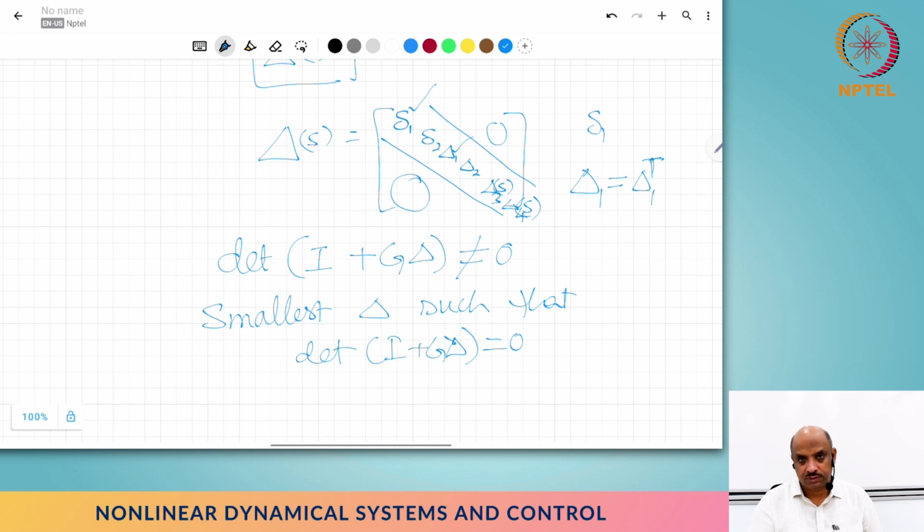Smallest in the sense of some kind of size on the delta, right? But respecting the structure is important, right?